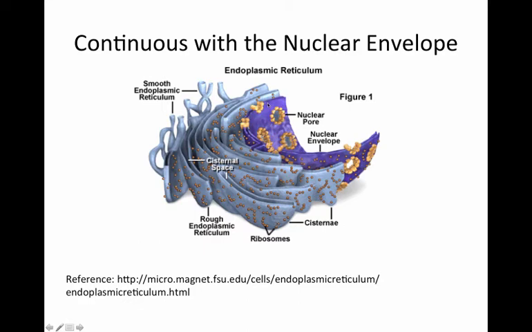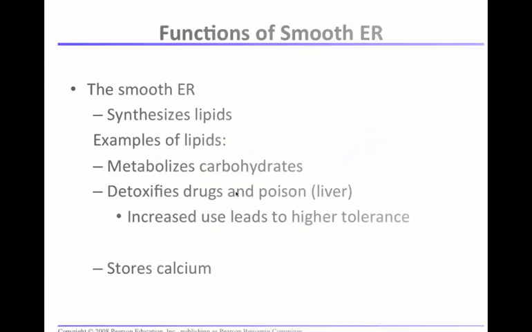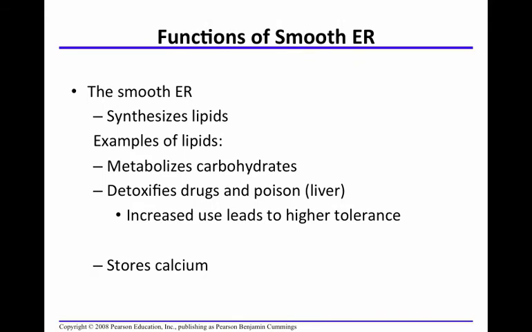So notice that this is the nuclear envelope here in purple, and that the ER, the endoplasmic reticulum, is continuous with it. So the nuclear envelope ends here, the ER begins here, so they're continuous, increasing surface area. What's the function of the ER?